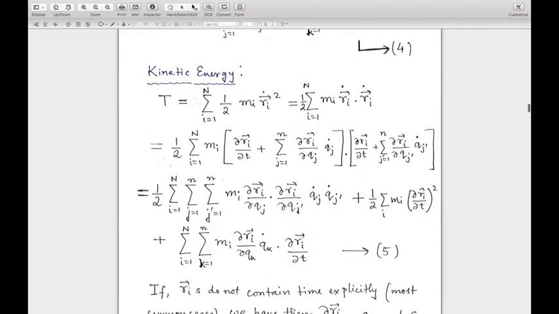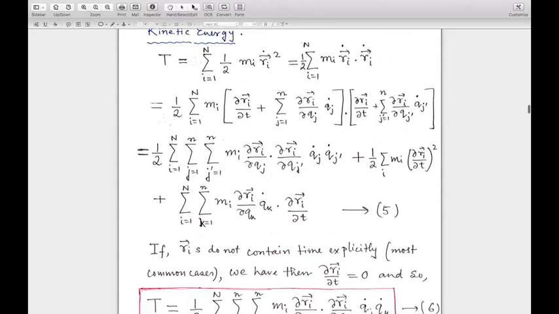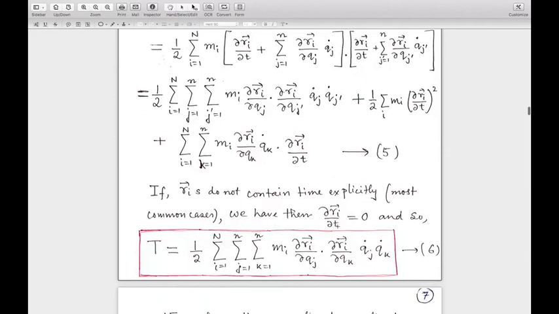Whenever we have this type of transformation which is free from explicit time dependence, then we have del Ri del t equal to 0, and we have a simplification for kinetic energy. We have these two terms vanishing under that assumption of time independent coordinate transformations.